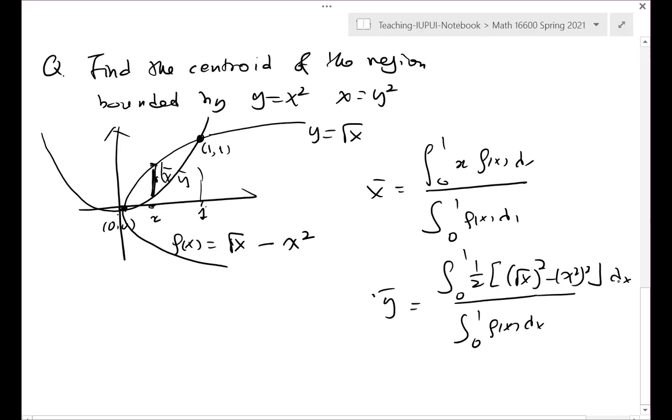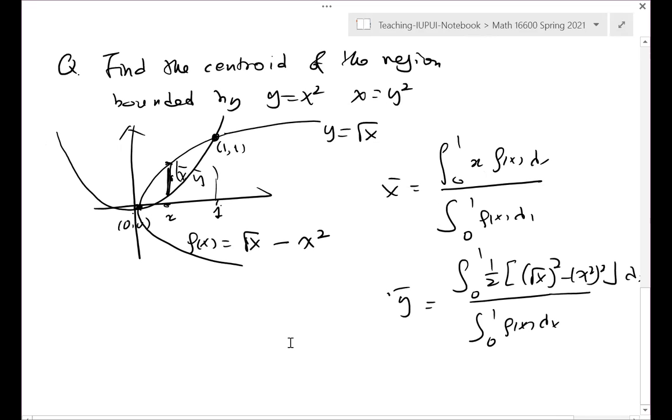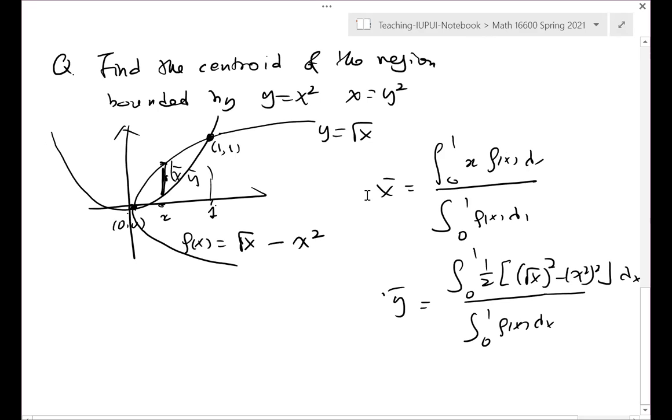That is the formula. But I'm trying to use the same idea for the x bar. I project this region onto the y-axis.